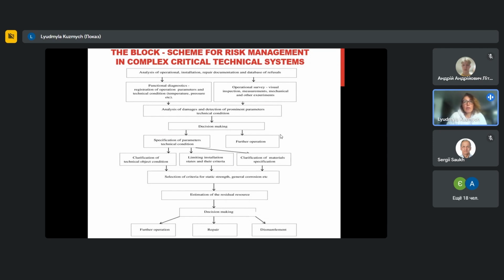At the same time, the key factor in solving this problem is the use of the concept of diagnosing the state of functioning objects of the complex critical technical systems and monitoring the risks of emergency situations, which is based on the diagnostics and monitoring of the basic parameters of the state of the objects under consideration during operation and on a comprehensive analysis of the results obtained.